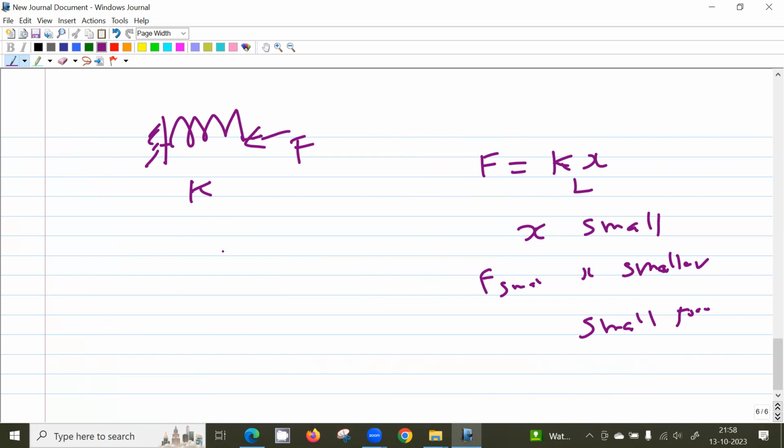But if the spring constant is small, if K is less, then for a given small force, the spring will compress appreciably. So I can measure small force using a spring which has got less value of K.